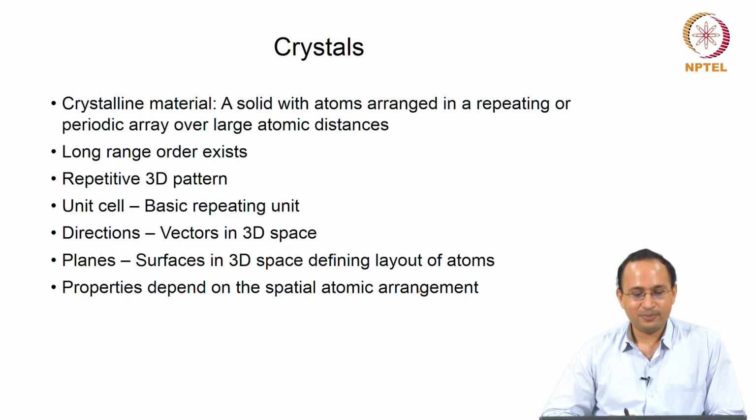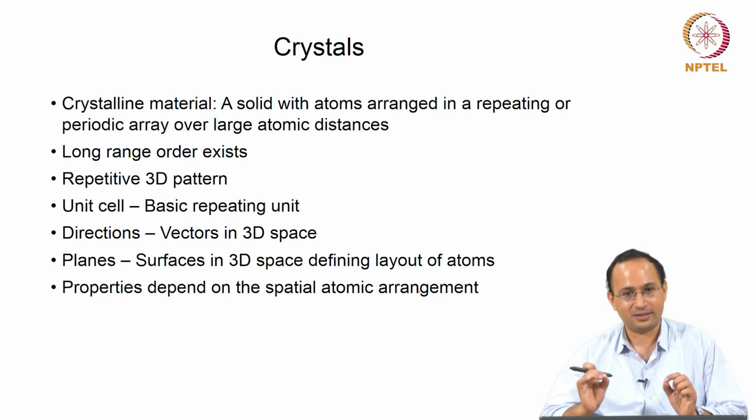The unit cell is the basic repeating unit, the cell which gets repeated. Directions in crystals are vectors in 3D space, and planes are surfaces in 3D space defining the layout of atoms. These are just basic terminologies. Obviously the properties of a crystal depend on the spatial atomic arrangement, where the atoms are placed.